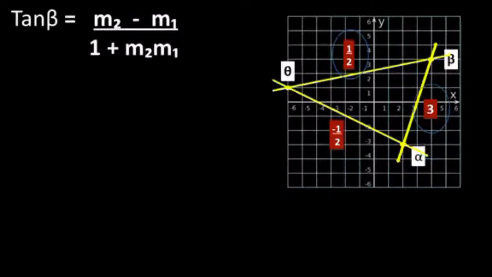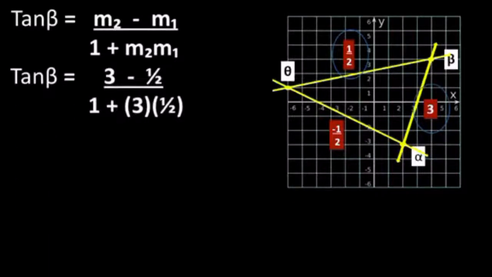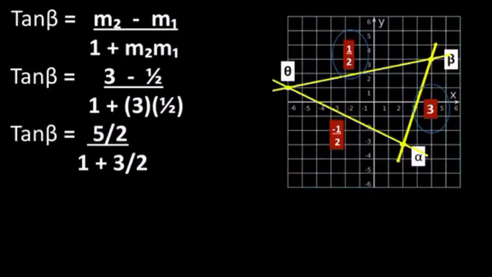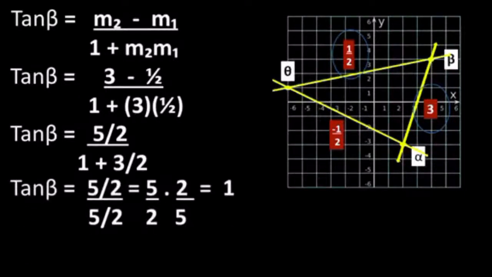As a reminder, since 3 is greater than 1/2, 3 would become our m sub 2. So it would become 3 minus 1/2 over 1 plus 3 times 1/2. 3 minus 1/2 is equal to 5 over 2. 3 times 1/2 is equal to 3 over 2. 1 plus 3 over 2 is also 5 over 2.